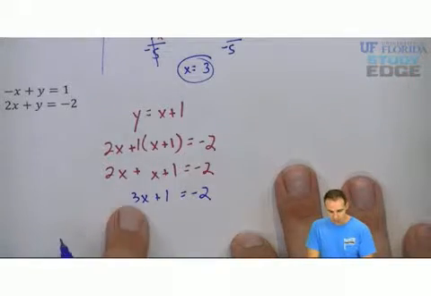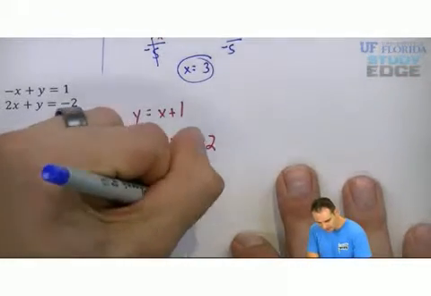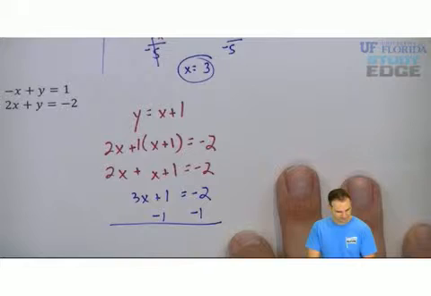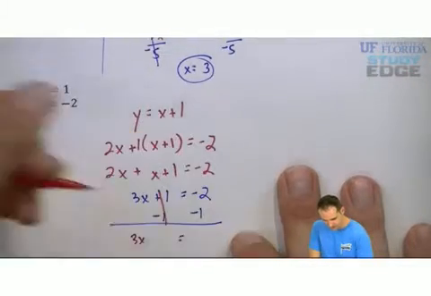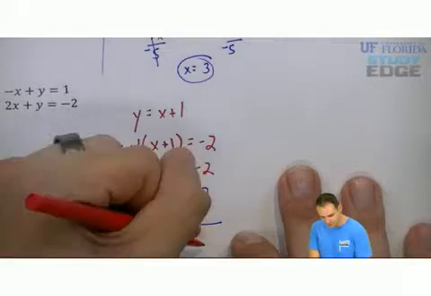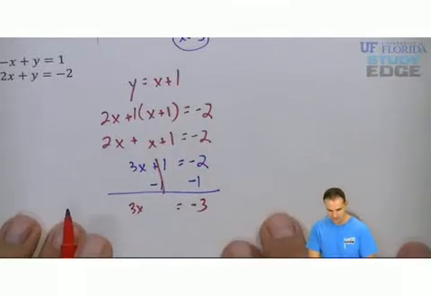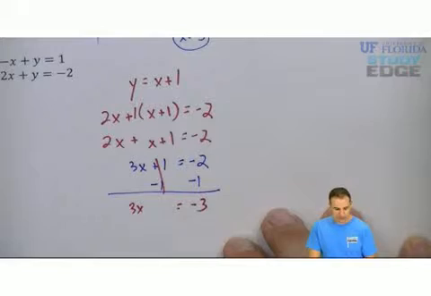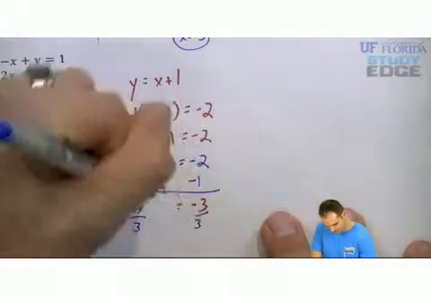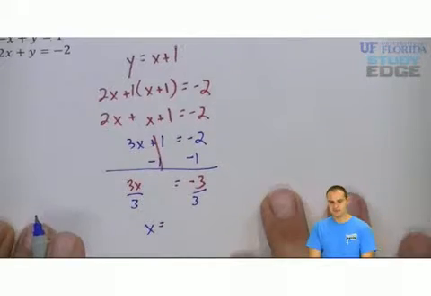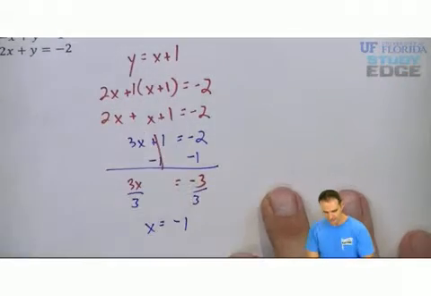My variables are already on the left. Let's subtract the 1 over to the right. 3x equals negative 2 minus 1, which is negative 3. And then lastly, divide both sides by 3. Negative 3 divided by 3 will give you negative 1.